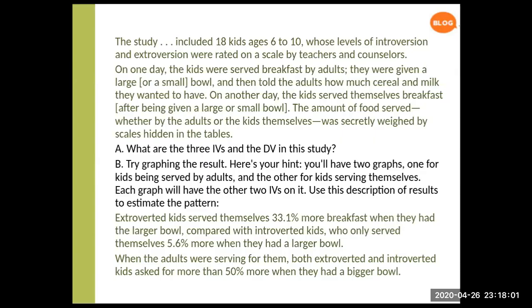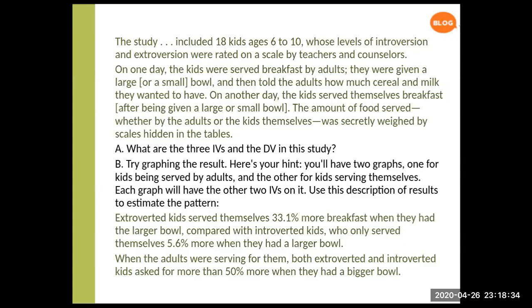They were given a large or a small bowl and then told the adults how much cereal and milk they wanted to have. On another day, the kids served themselves breakfast after being given a large or small bowl, and the amount of food served, whether by the adults or by the kids themselves, was secretly weighed by scales hidden in the tables. So, what are the 3 IVs and what is the DV in the study?